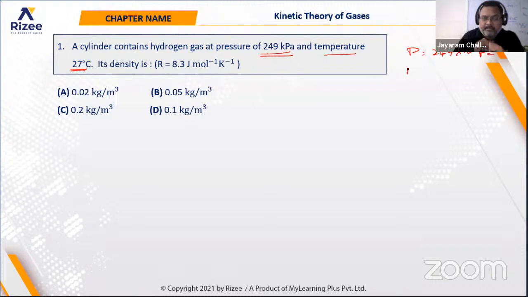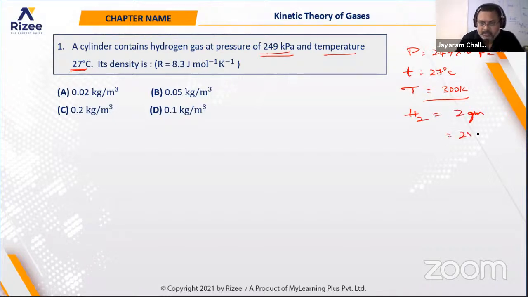And the temperature he has given in degrees centigrade, so in the absolute scale it will be 300 Kelvin. Since it's hydrogen H2, the mass can be written as 2 grams, that is 2 into 10 to the power of minus 3 kg.